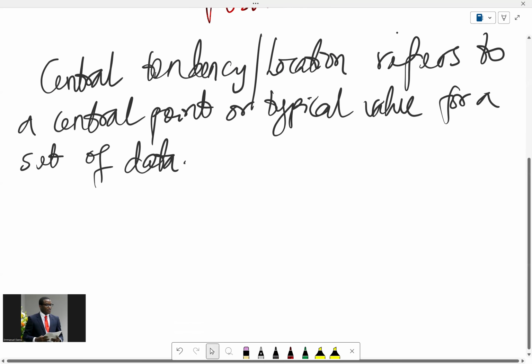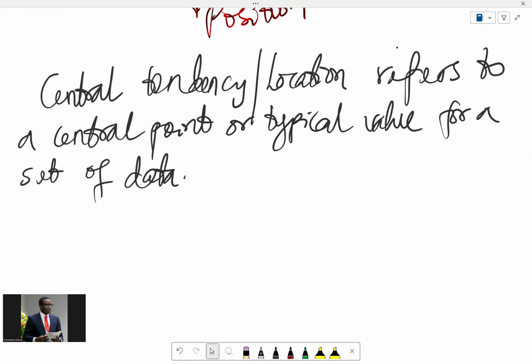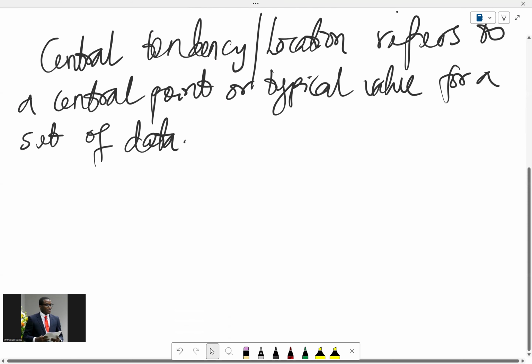In simpler terms, it is more like representing the whole data you have with just a single value, no matter how big the data is. So that's measure of central tendency.